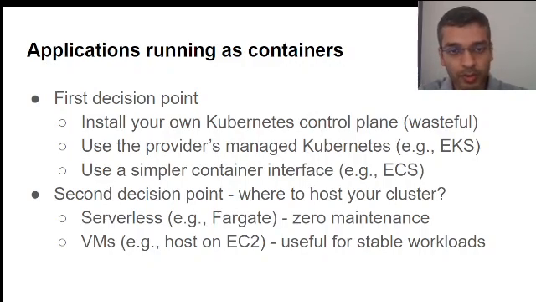I mean, you're on a cloud, there's no reason to add that complexity unless you're in the business of infrastructure management and you are very, very familiar with Kubernetes. The second option is to use the provider's managed Kubernetes, which, for example, on AWS, is the EKS service. The third option is, on some platforms, an opinionated version of the Kubernetes platform that is simpler to manage. For example, ECS on Amazon.